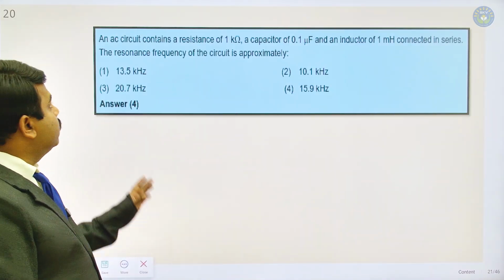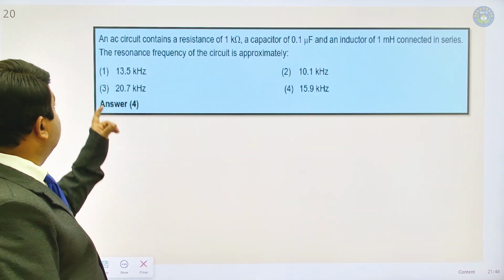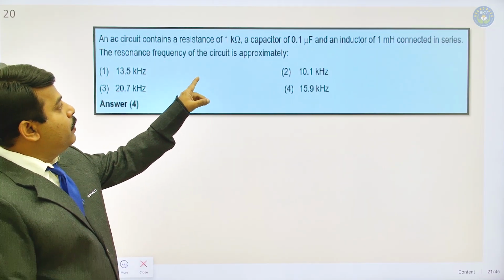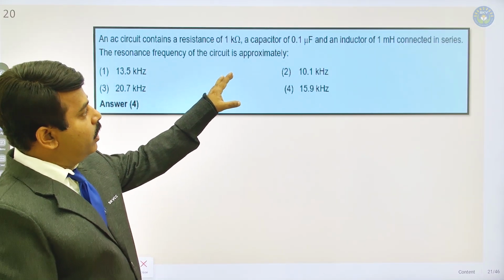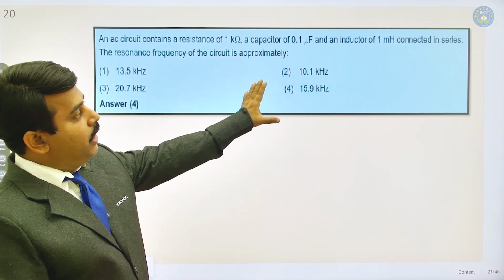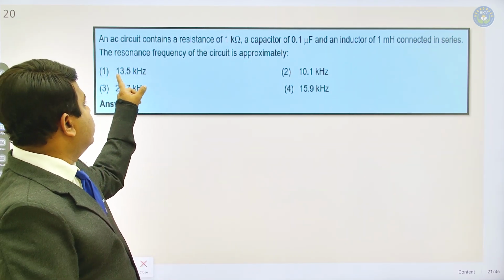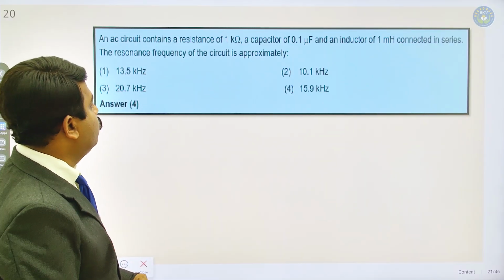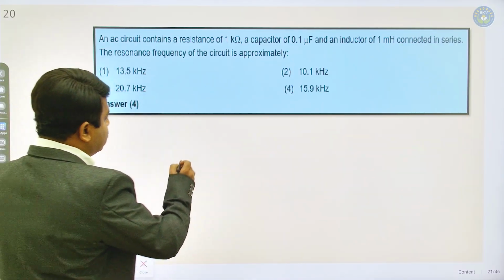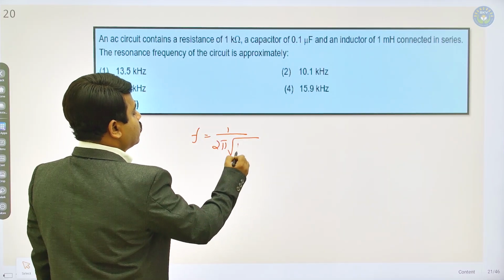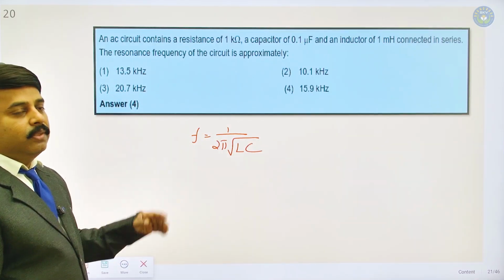Now let us discuss question number 19. An AC circuit containing a resistance of 1 kilo ohm, a capacitor of 0.1 microfarad, and an inductor of 1 millihenry are connected in series. The resonance frequency of the circuit is approximately... What is the resonance frequency? For an LCR series circuit, it's a very simple formula.